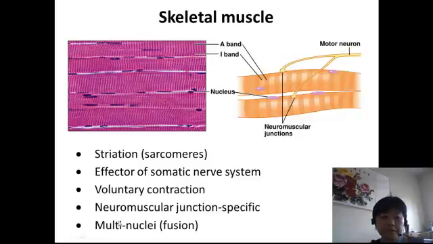It produces voluntary contraction, so you know what you're doing and you do what you want to do. The specific structure connecting the motor neuron and the muscle is called the neuromuscular junction. That is a very specific junction, showing how nerve commands control muscle movement.